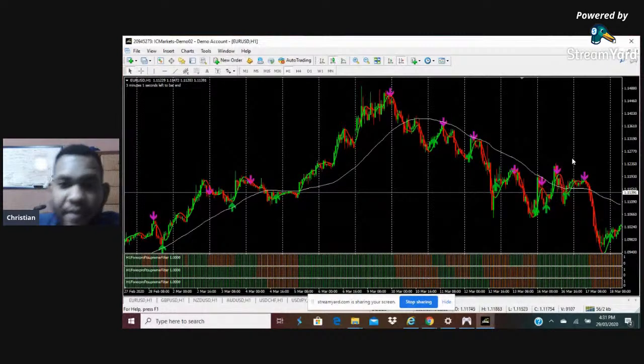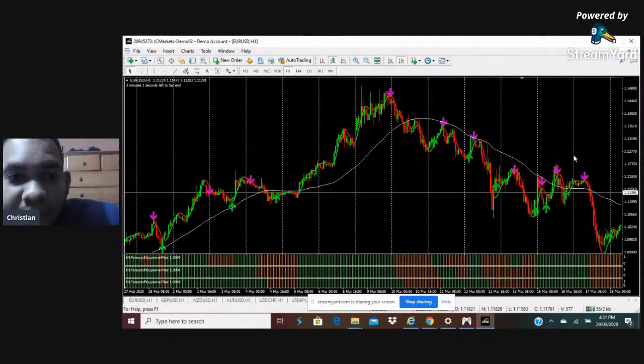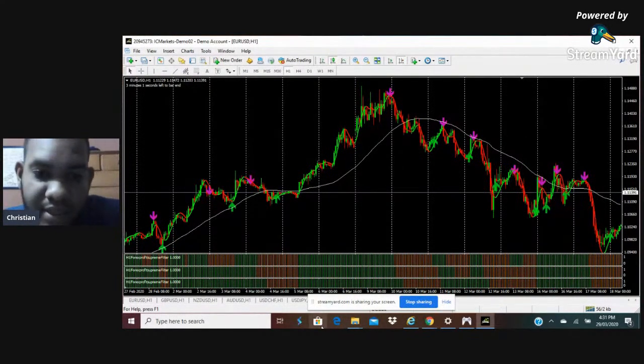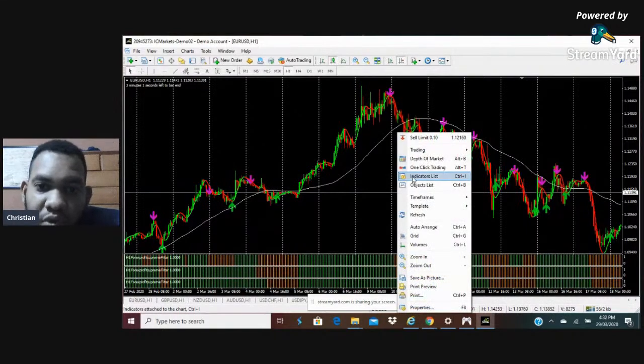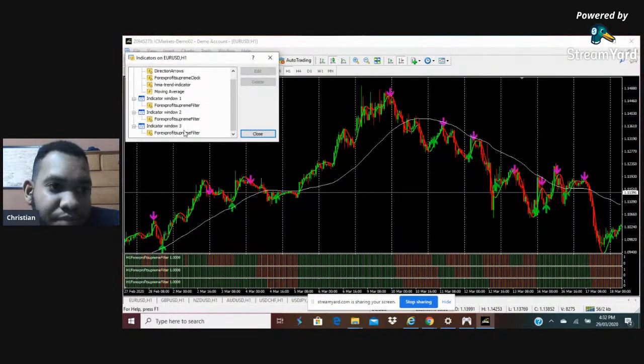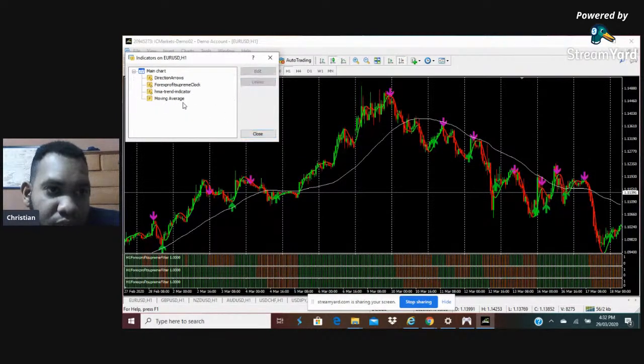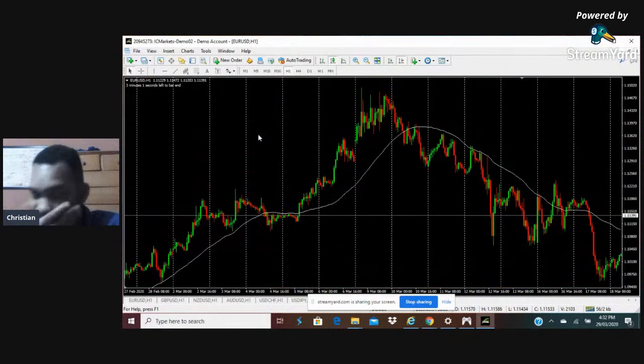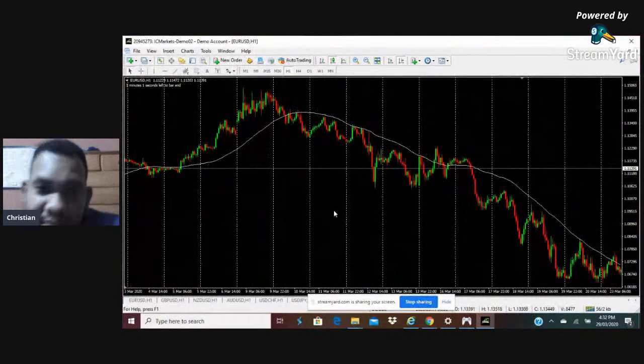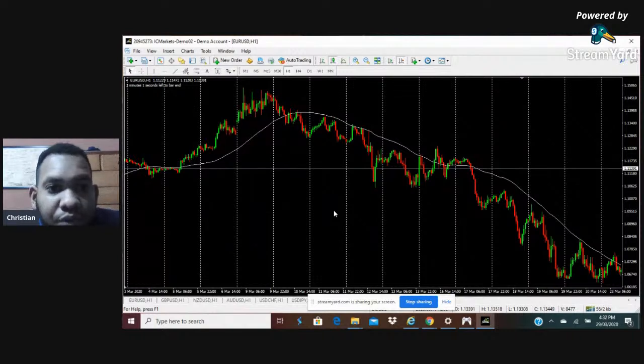All right. So another way to trade without this indicator, without this structure, you can use the 50 moving average alone. So let's remove all these indicators, and I'm going to show you market structure.